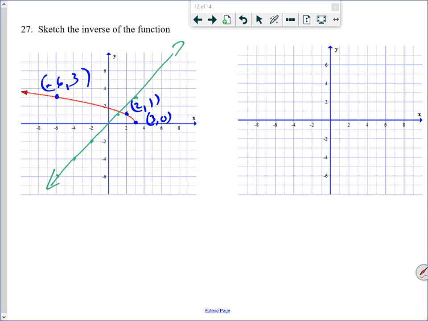Then the inverse, the x and y are transposed. So 3, negative 6, 1, 2, and 0, 3. And there's our inverse.